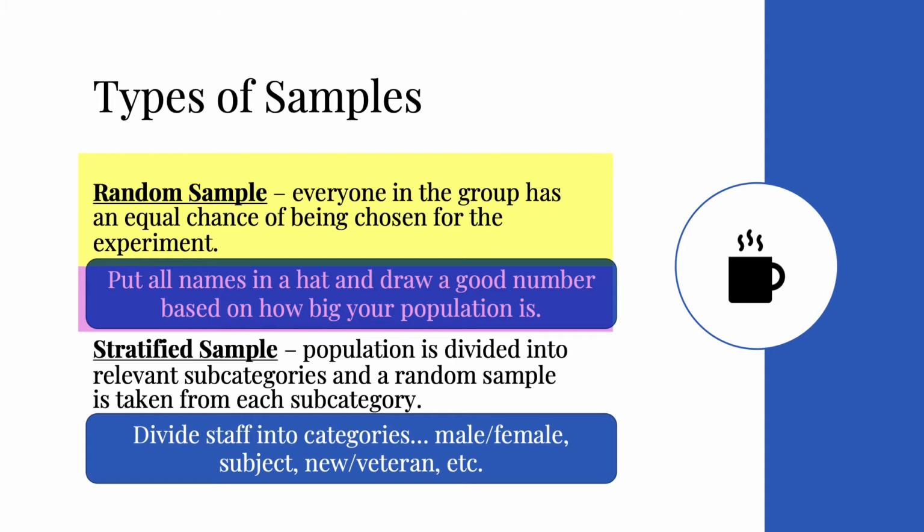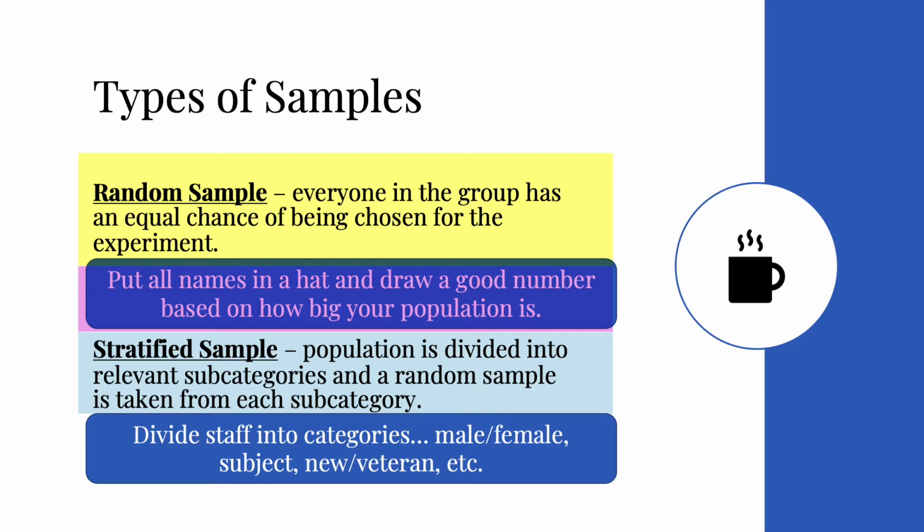And then a random sample is taken again from each of those categories, kind of ensuring that a sample is what it's supposed to be, and that it is representative of the bigger population, in this case, all of the teachers in the school.